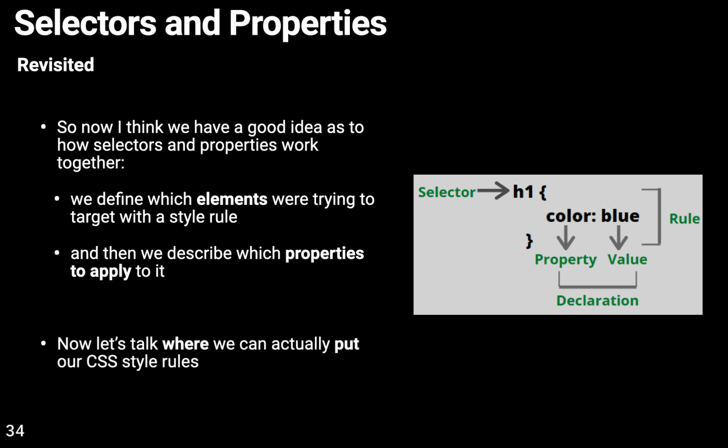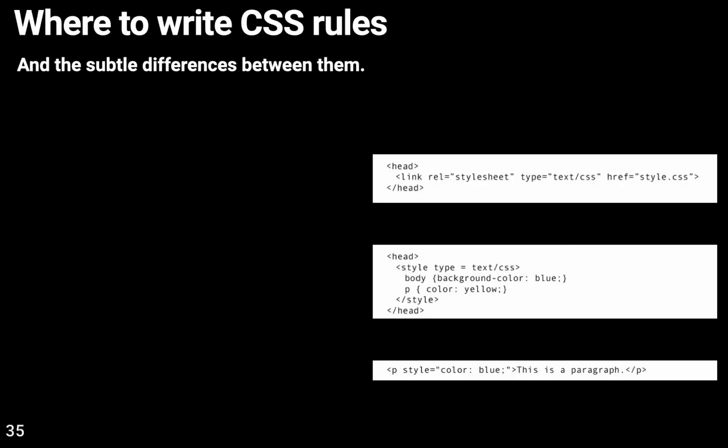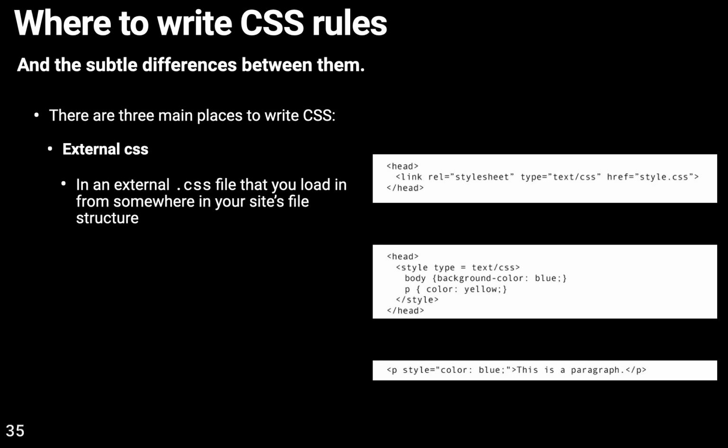Now, let's get to talking about where one can actually put CSS in your web page or website, right? Where to write CSS rules and the many subtle differences between them. There are three main places that you write CSS. One is in an external CSS sheet, right? This is very similar to just having an external file, in which you load in from somewhere else in your file structure of your site.